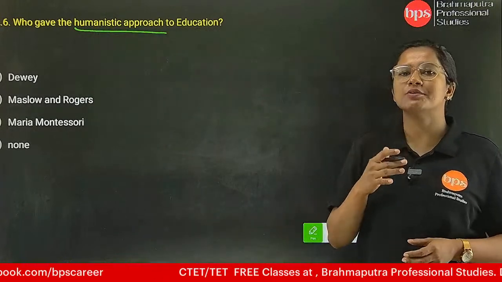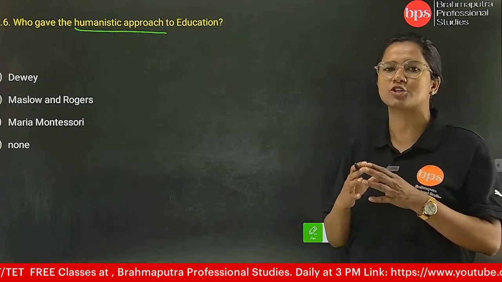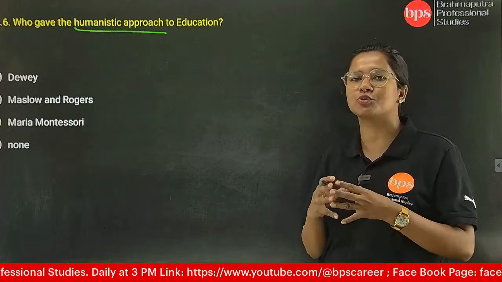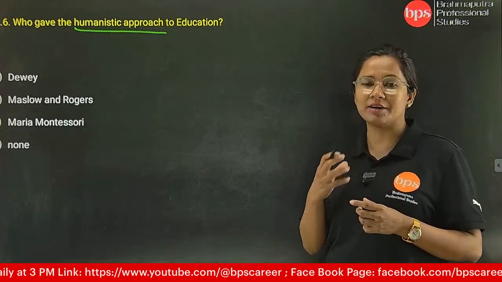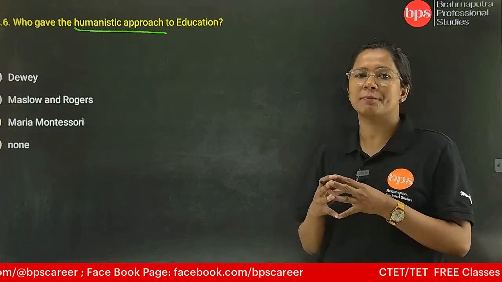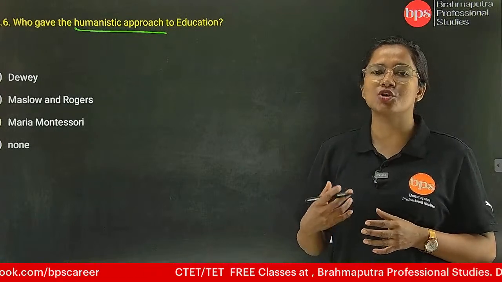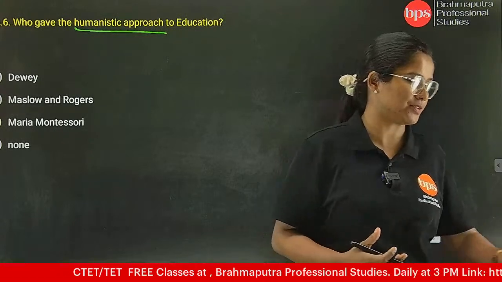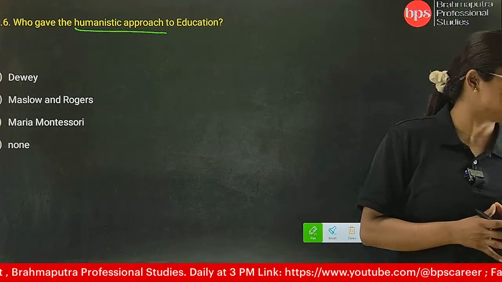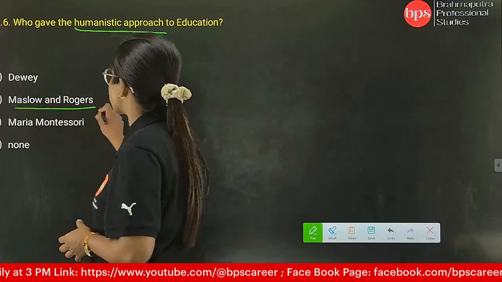When we speak about the humanistic approach, it is the approach where you are trying to cope with the society and your learning, whatever you have learned till now or have been learning, comes out or is executed in your activities. So this concept was given by Abraham Maslow and Carl Rogers, okay?